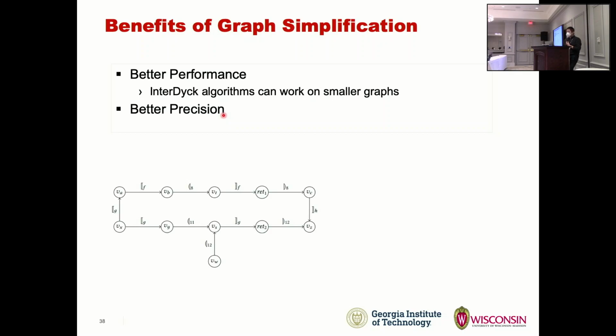In this example, we have an Interdyck reachability problem instance, where if we take a look at these two specific edges, there will be two paths from X to Z. From this picture, we can see that there's no valid Interdyck path between these two nodes.